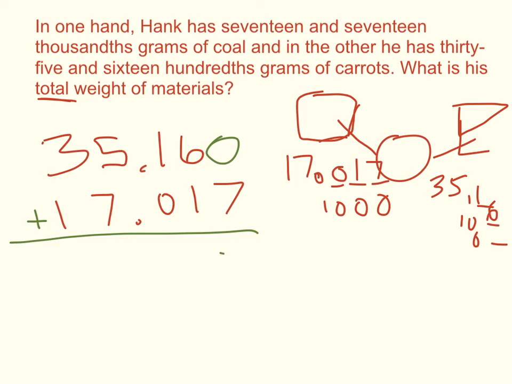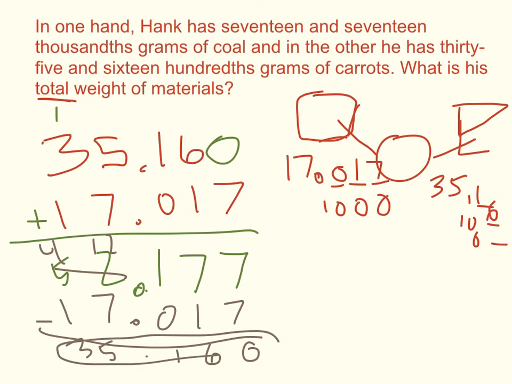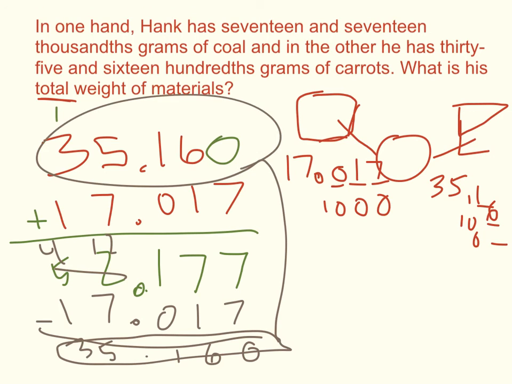Adding that up, that would be 7, 7, 1, 2, there's my decimal point, 5, and now let's subtract 17.017 to check: 0, 1, 7, 0, 6, 1. So my bottom matches my top. So it was an addition problem.